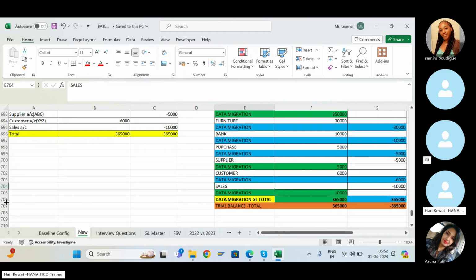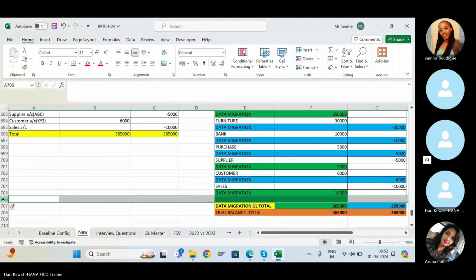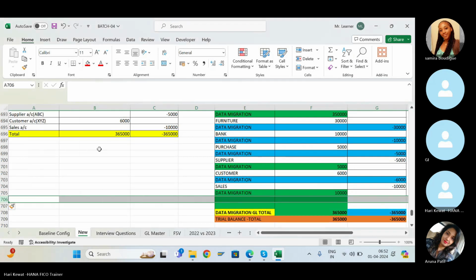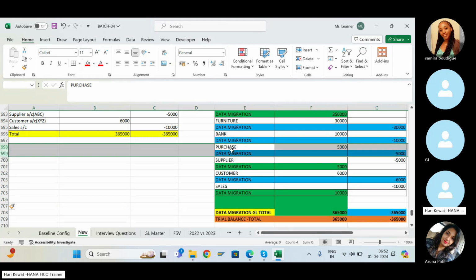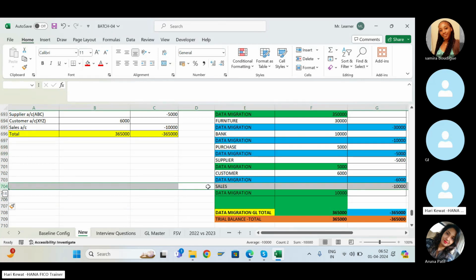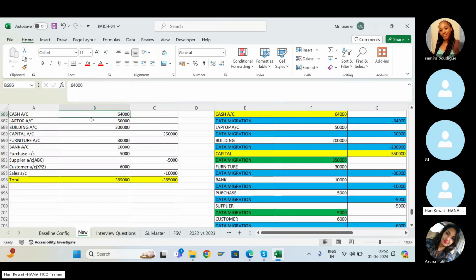Let me explain this way. Right now you have migrated the purchase GL and the sales GL together, two different line items. Instead of migrating these two GLs, I may migrate only the difference between them. In the legacy system, I'll check my revenue side balance and my expense side balance.